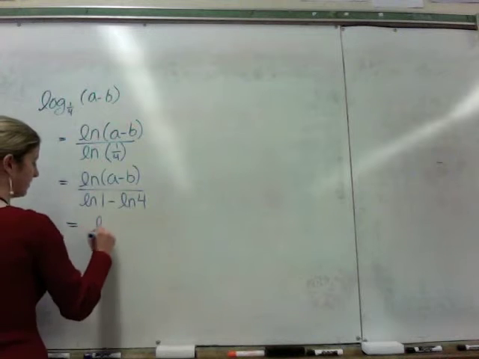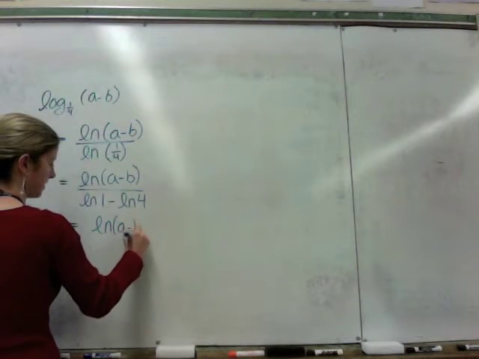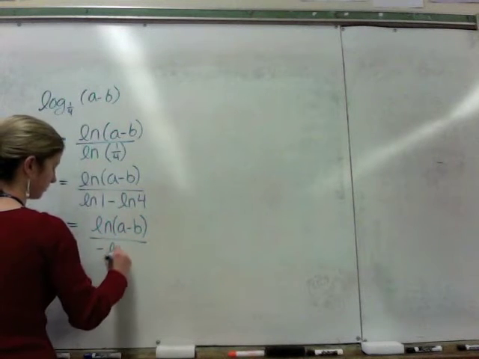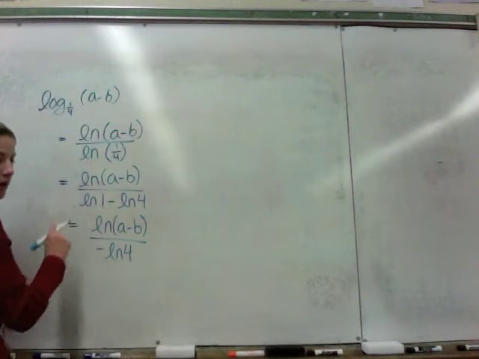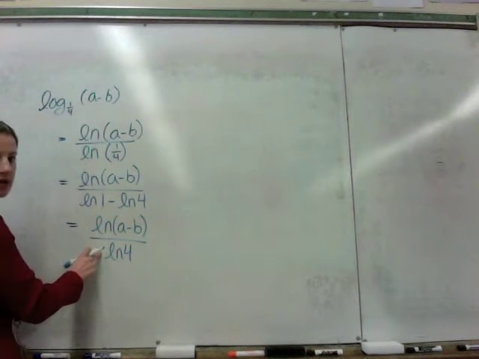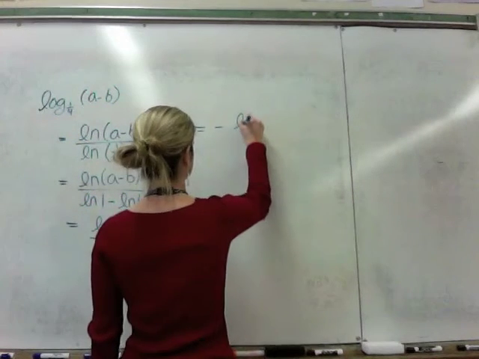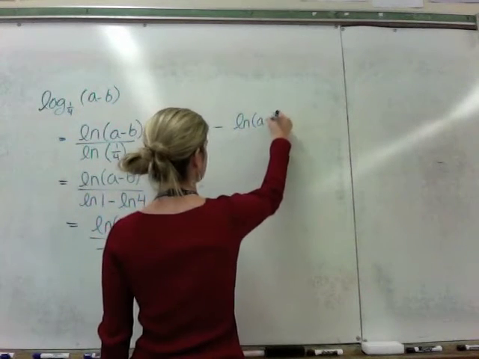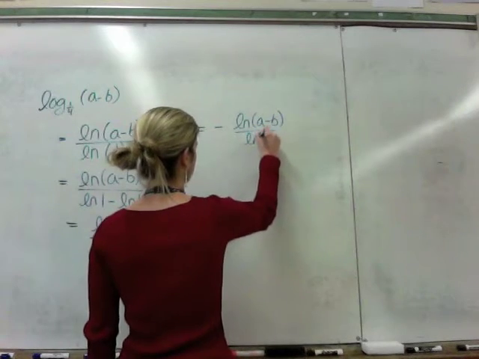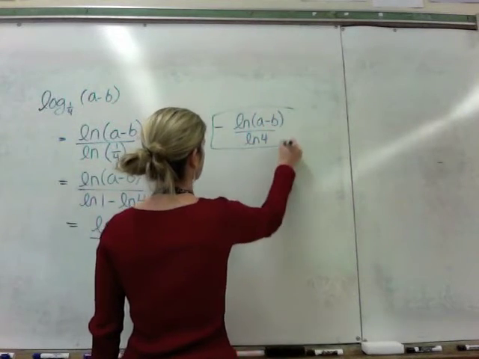So this is going to become the natural log of a minus b over negative natural log of 4, because this is going to go away. Now, we're just going to bring the negative out front, so I'm just going to rewrite this as negative natural log of a minus b over the natural log of 4, and that's going to be your answer.